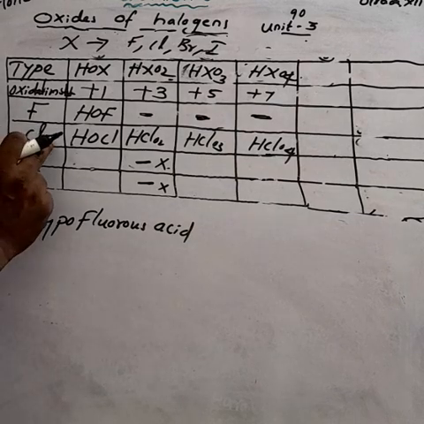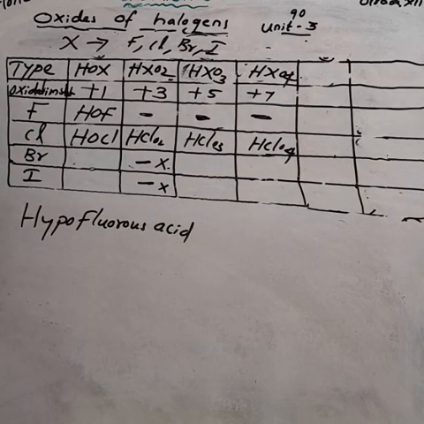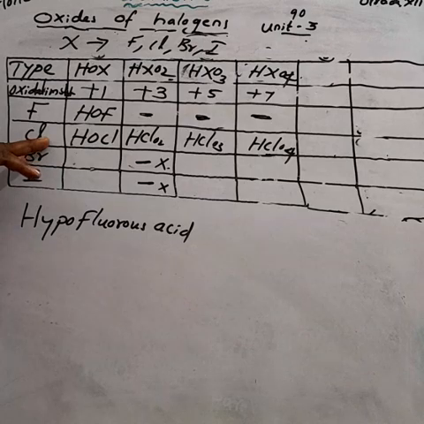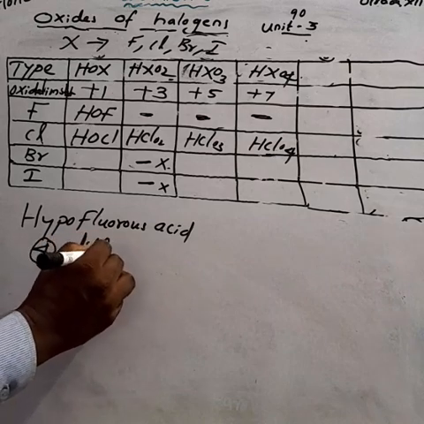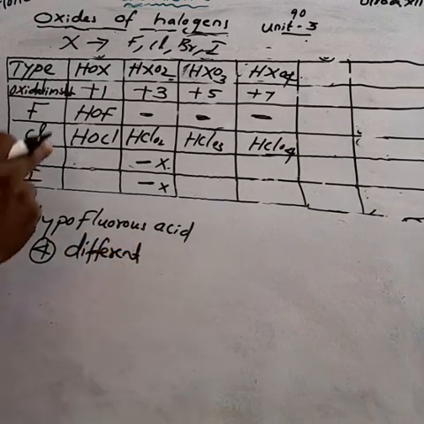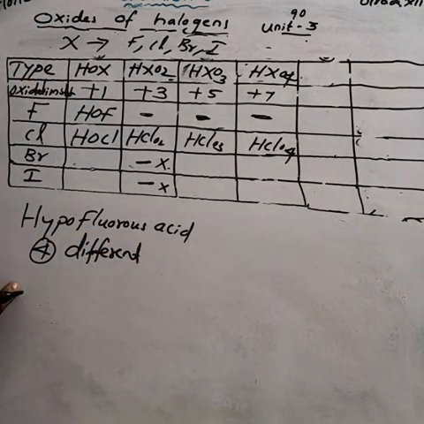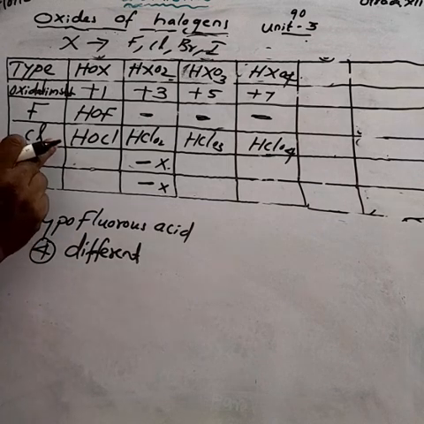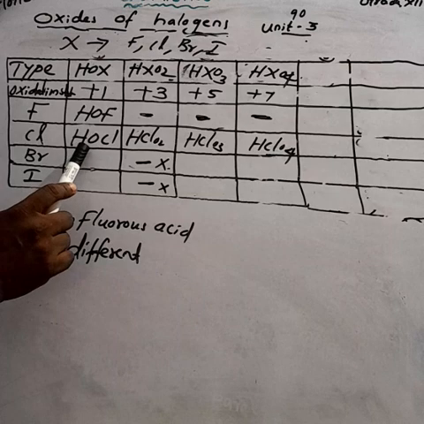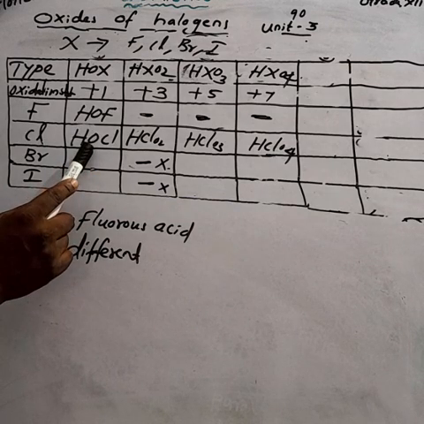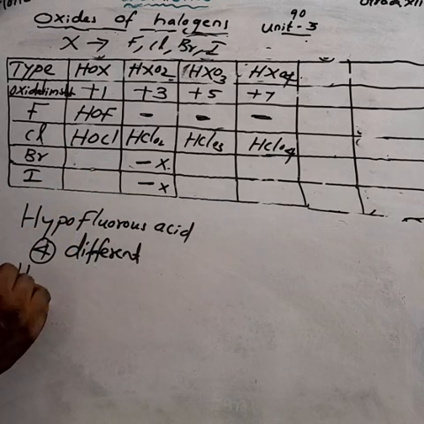What about chlorine? I told you previously that chlorine can form 4 different oxoacids. The first one is type HOX. Chlorine can form HOCl. The name of the compound is hypochlorous acid.